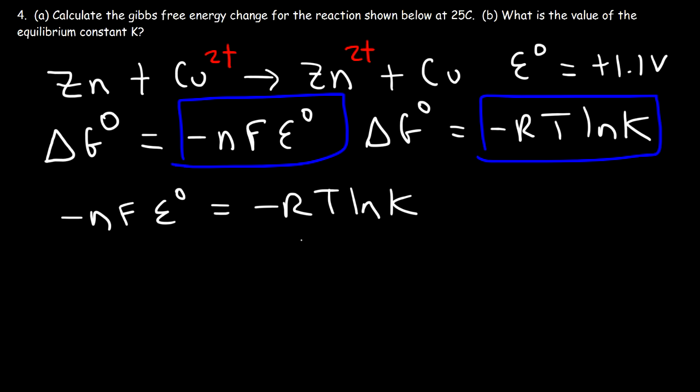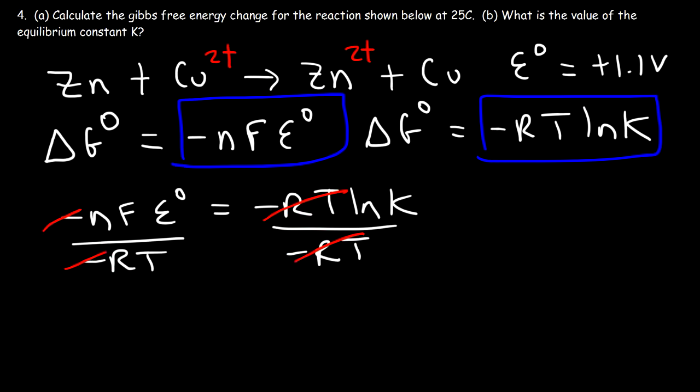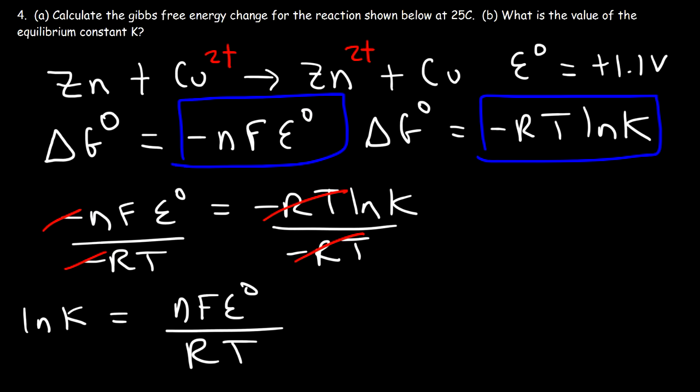So let's solve for K. Let's divide both sides by negative RT. On the right side, these two will cancel. On the left, the negative sign will cancel. So we have the natural log of K is equal to NF times the cell potential over RT.